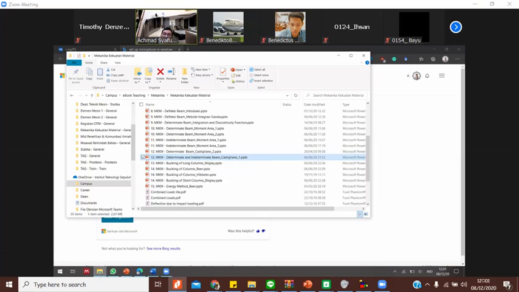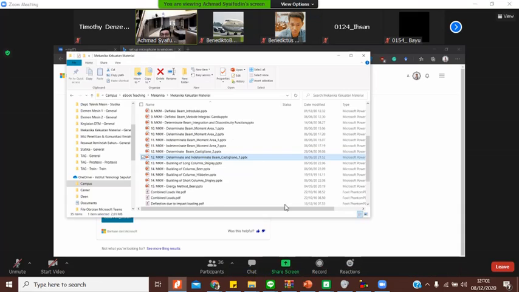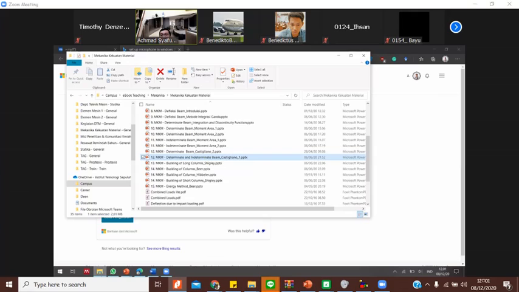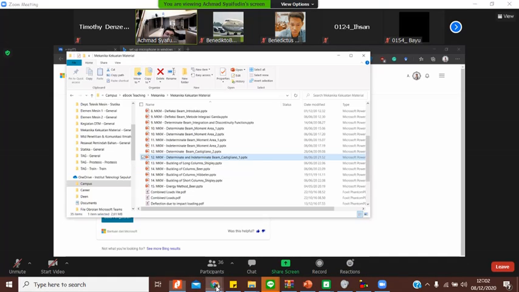Numbers 3 and 4 are for determinate, and number 5 is indeterminate. For Castigliano, for indeterminate I will explain next week. But for Castigliano, I will give an example with a fictitious force and a reaction force.